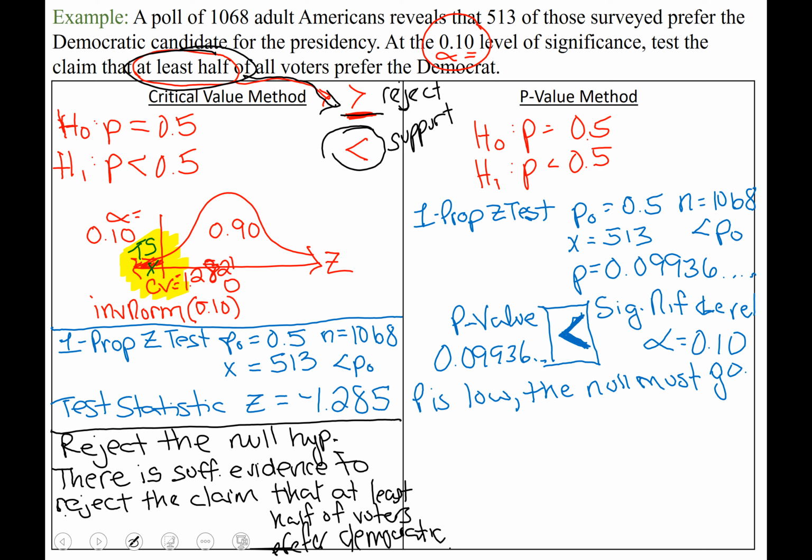Had it been larger, we would have said P is high, the null will fly. And those two little rhymes are in your notes. So P is low, the null must go. So it's time to make our decision. So I'll go to black. And our decision, the null must go. So we reject it. It's gotta go.